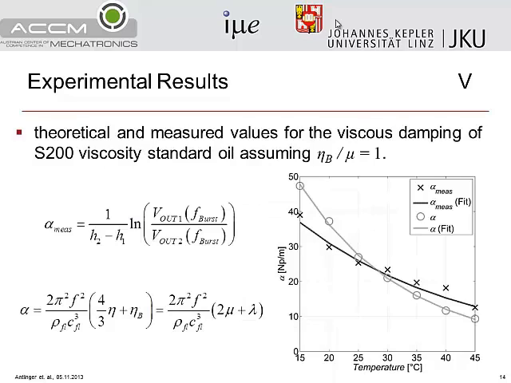So this is the summary of our experimental results for the S200 viscosity standard oil. We assumed a ratio of bulk viscosity to the shear viscosity of 1, which is given in the literature for this kind of fluids. Of course, this is not the exact value.